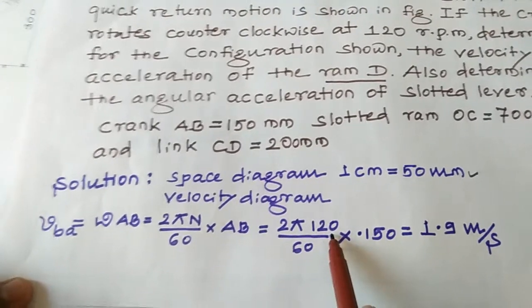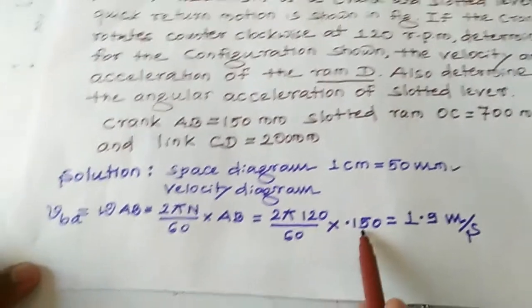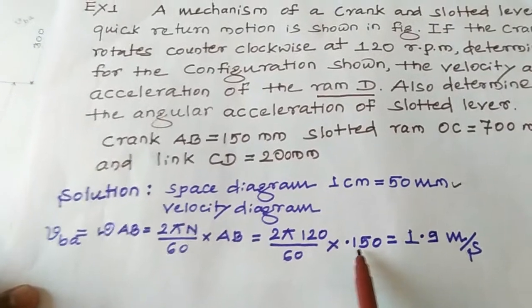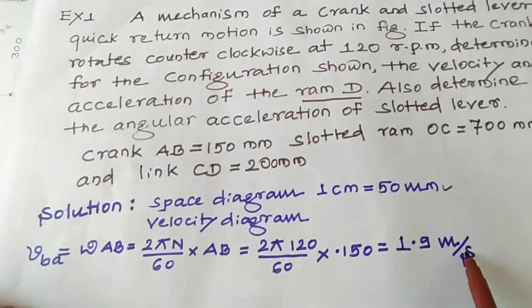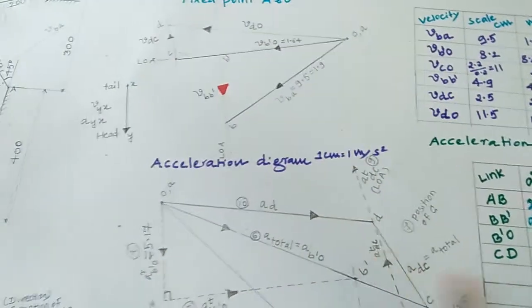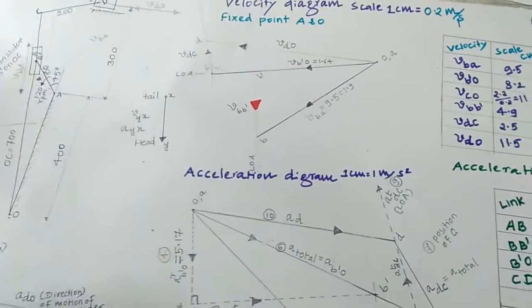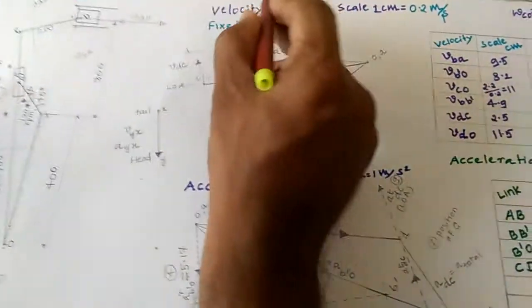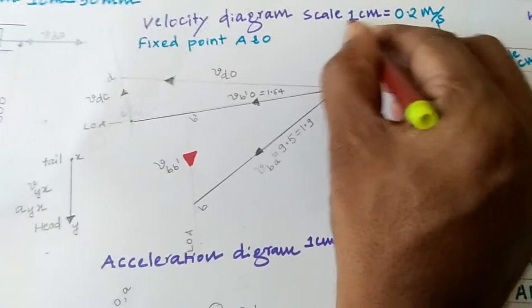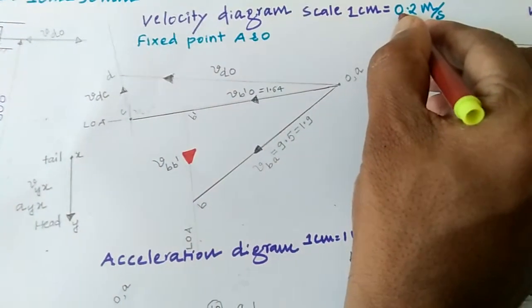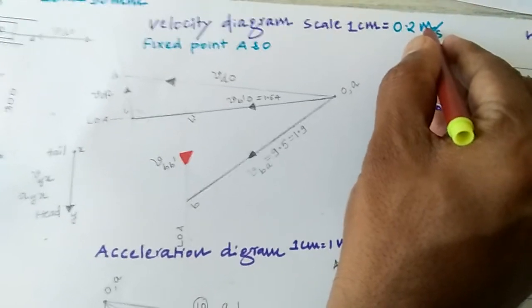N is given as 120 rpm, and the length 150 mm you have to convert to meters. It comes to 1.9 meter per second. Then for the velocity diagram I will take a scale of 1 centimeter equal to 0.2 meter per second.